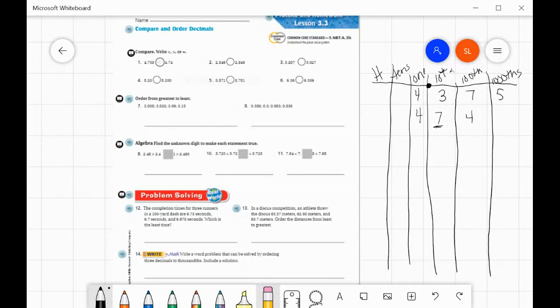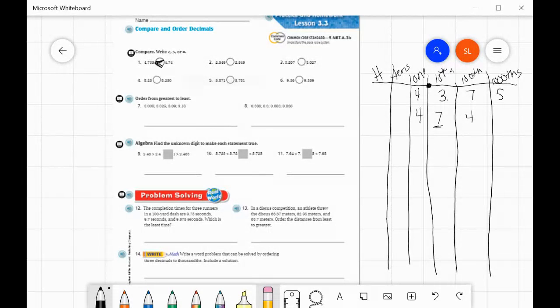All right, this number is bigger than this number, so that means this whole number is larger than this one because this is 74 hundredths, and this is 375 thousandths, which is smaller than 74 hundredths. All right, so that means that we would say that 4.735 is less than 4.74.